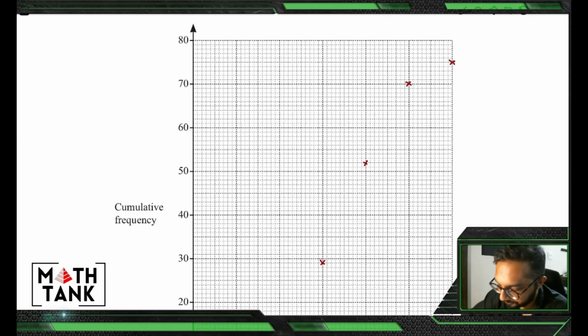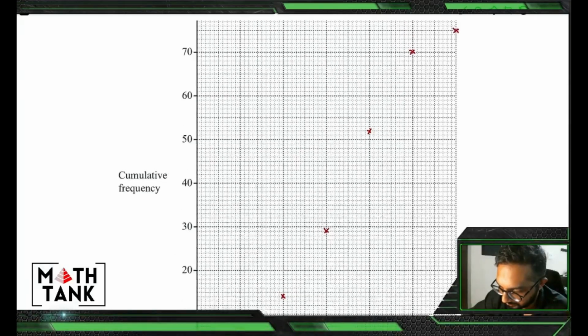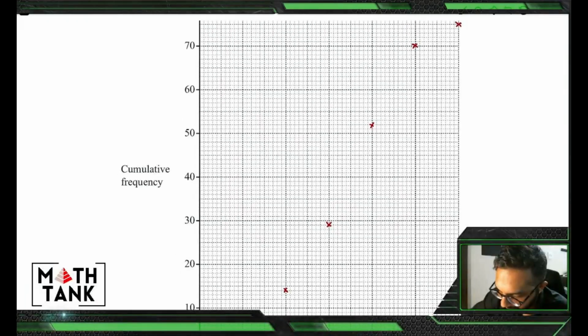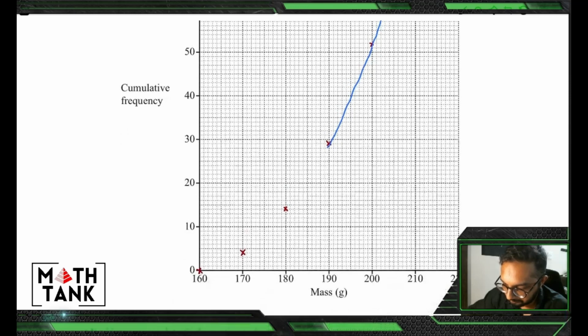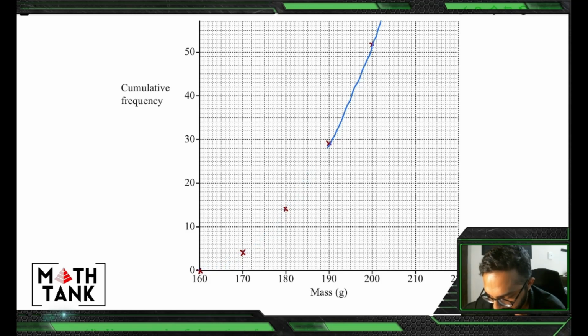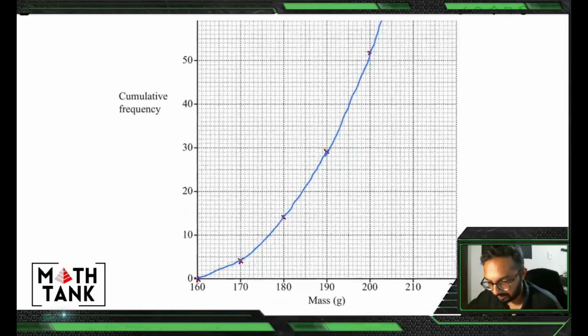So again, that's the challenge for me, drawing this as a smooth curve. Not as smooth as I would want it to be, but that's the best I can do right now.